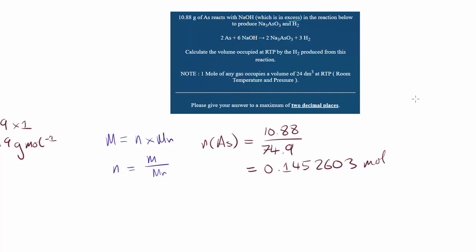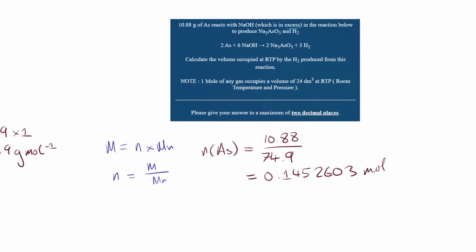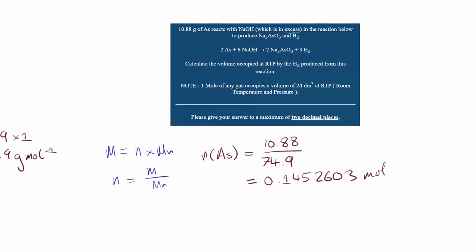And when we look at the balanced equation, we need to use this, because now we've got the number of moles of the arsenic, but we need to work out the number of moles of the molecular hydrogen, right? So H2, how many moles of H2?